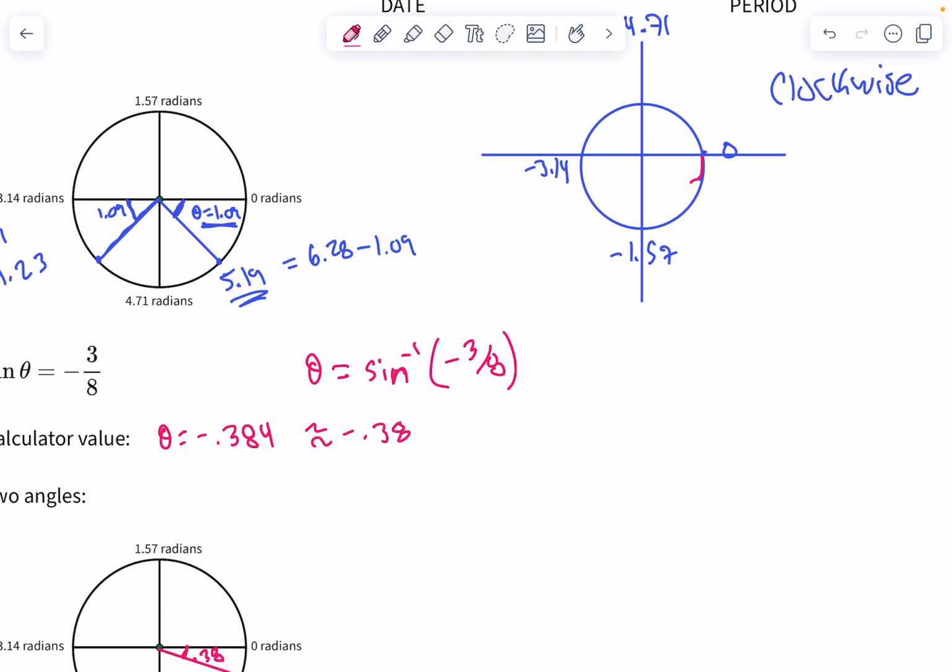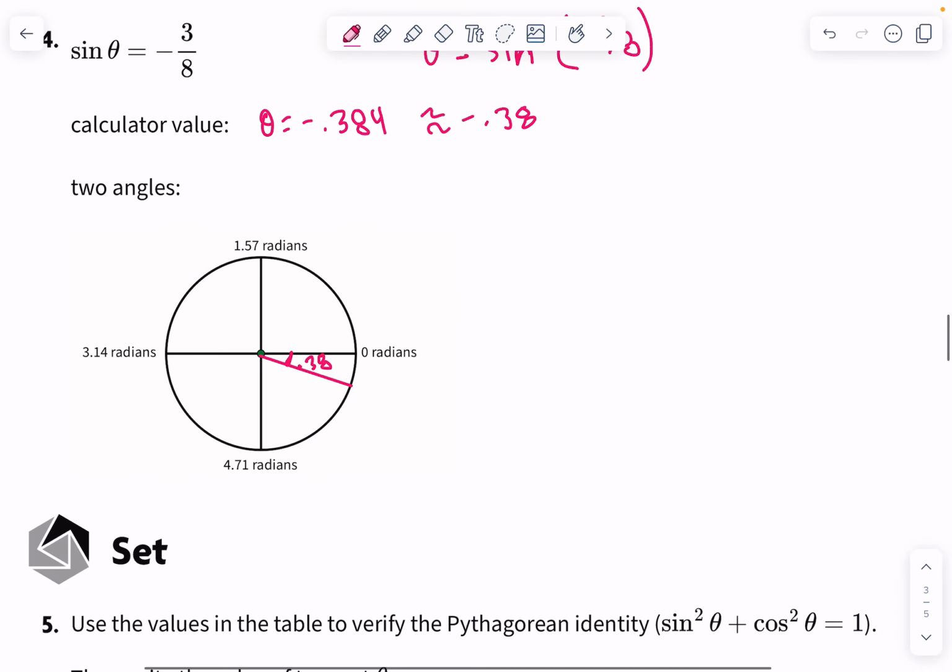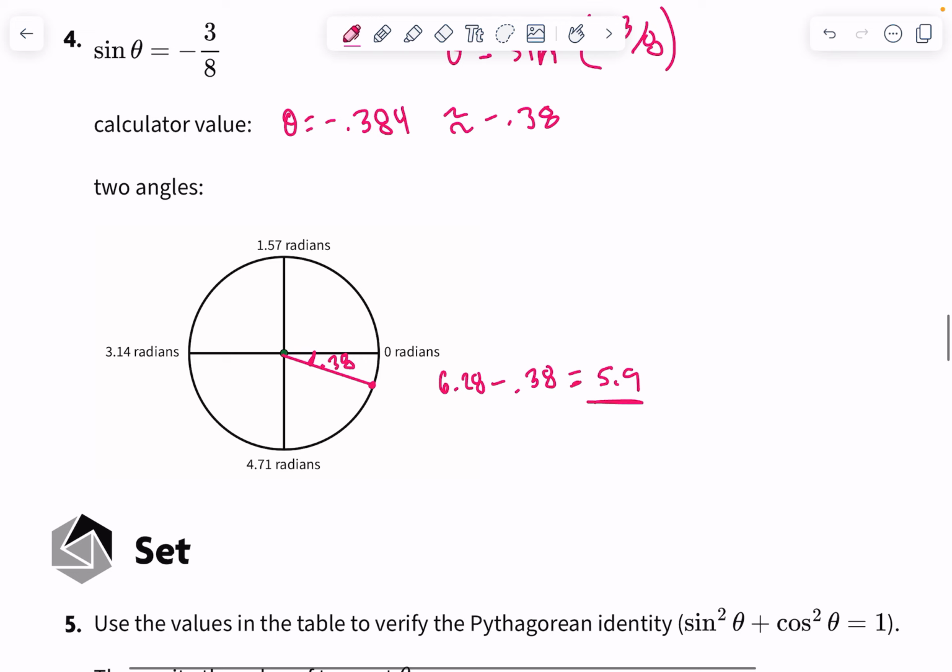Now I want to know this position as positive, so then I could do 6.28 minus 0.38, which is going to be equal to 5.9. So this is one way. This is my first angle.